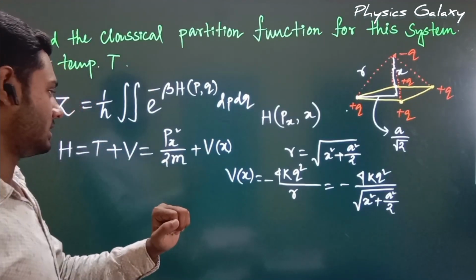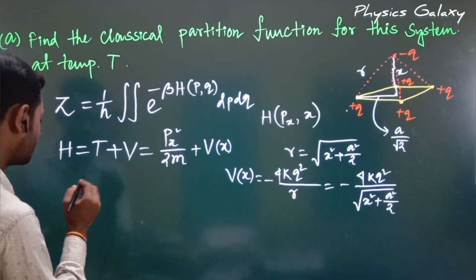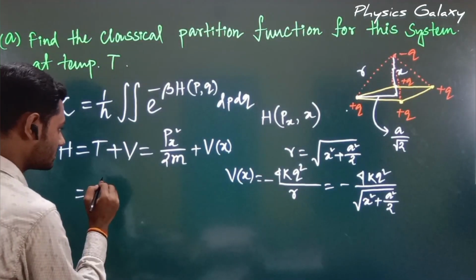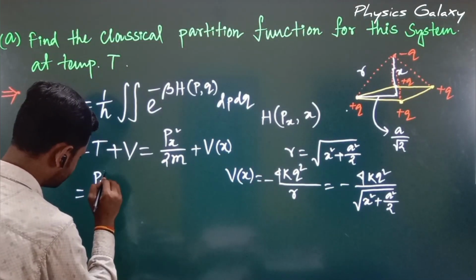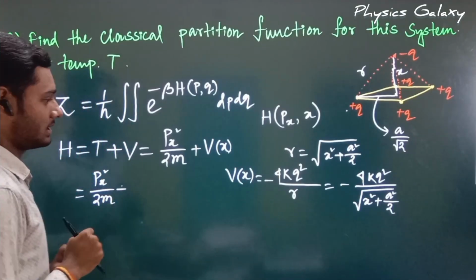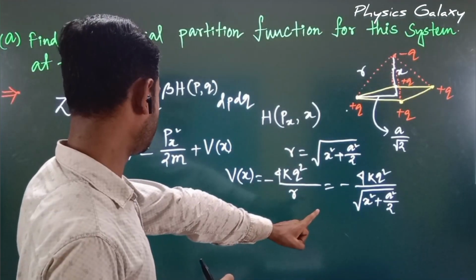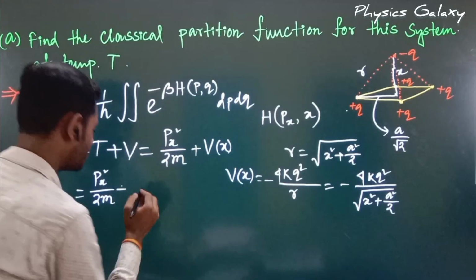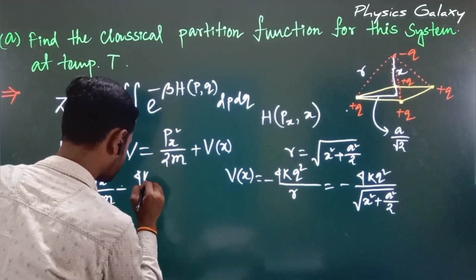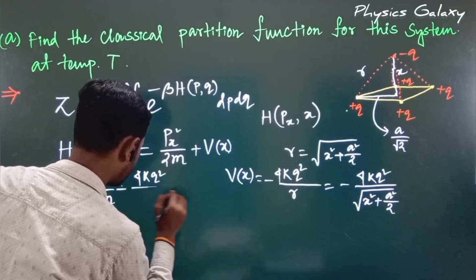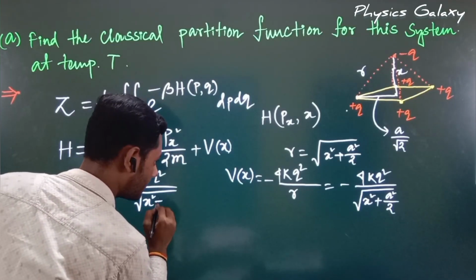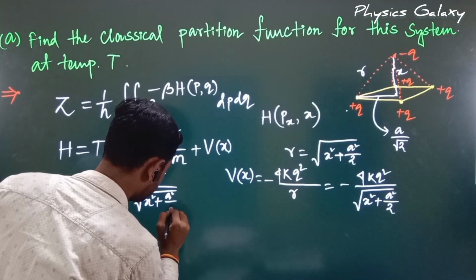Now I can write the Hamiltonian of the system. The Hamiltonian is px square by 2m plus the potential energy, which is minus 4 k q square divided by the square root of x square plus a square by 2.